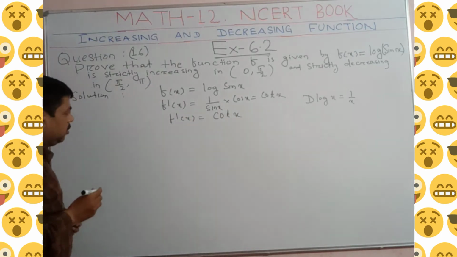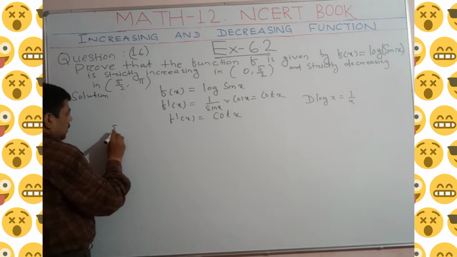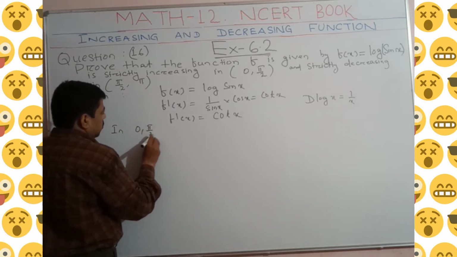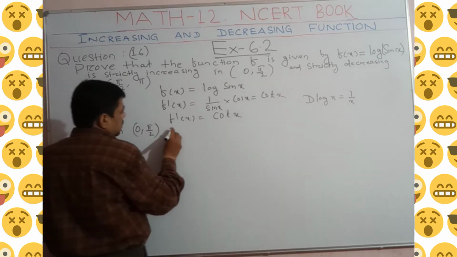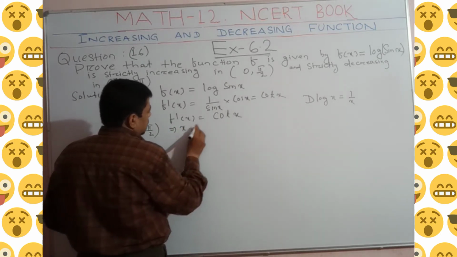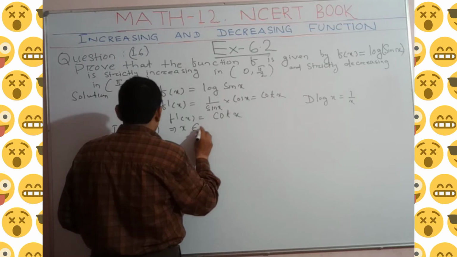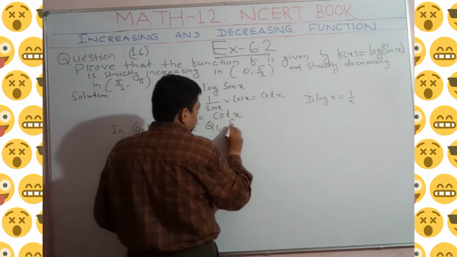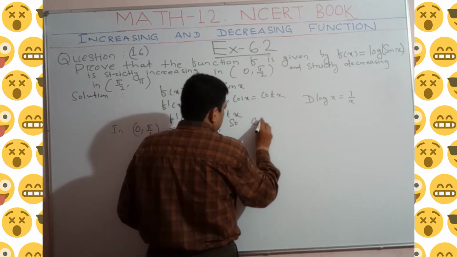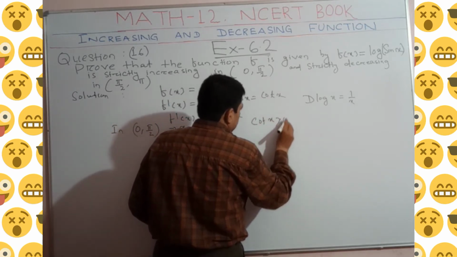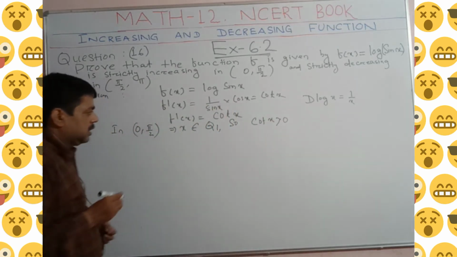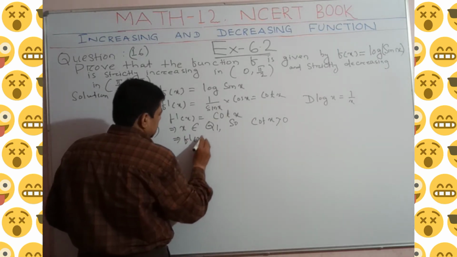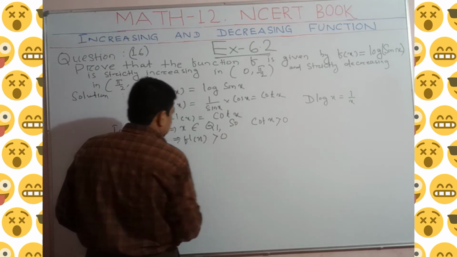Okay. Now we know that in the interval 0 to pi by 2, understand? x lies in which quadrant? First quadrant. So, in the first quadrant, cot x is greater than 0. That implies f dash x is greater than 0.